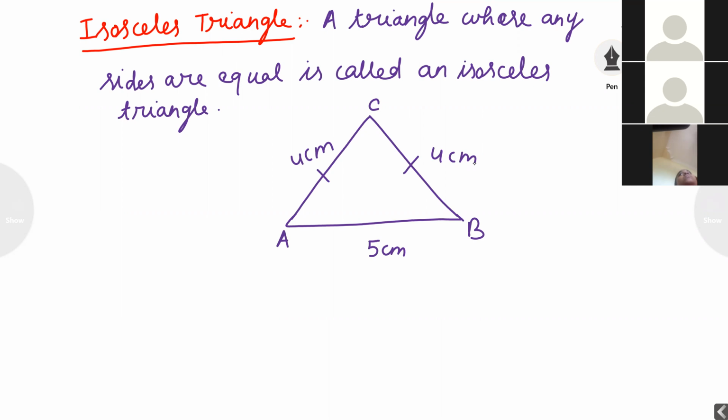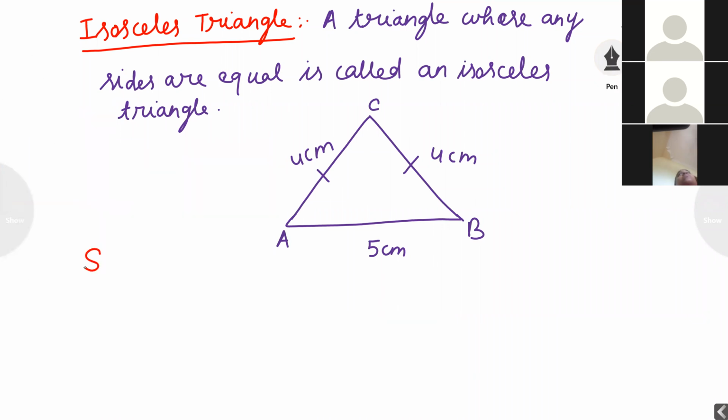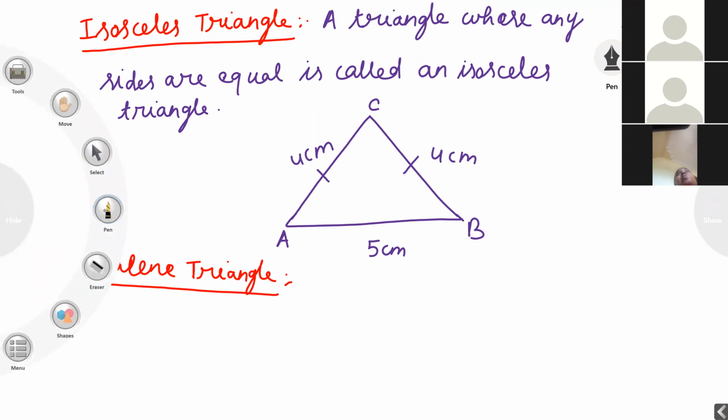Third key heading, everyone, scalene triangle. Key heading, scalene triangle.